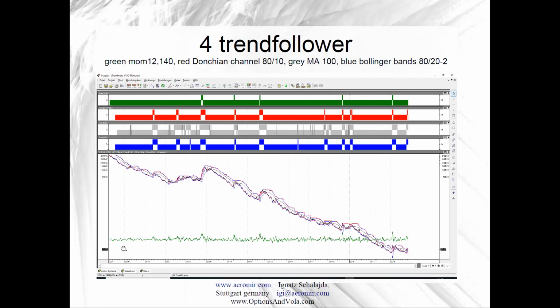Green is momentum. Here you see the momentum, which is 12 trading days. I made a level at 140, at which the trend will switch to the upside, as you can see here.